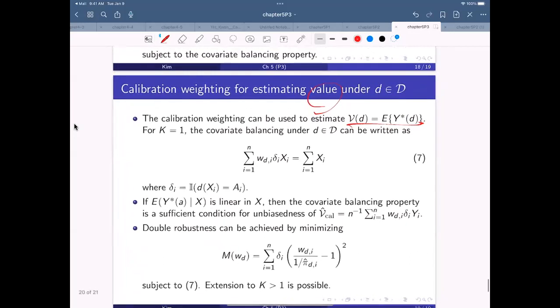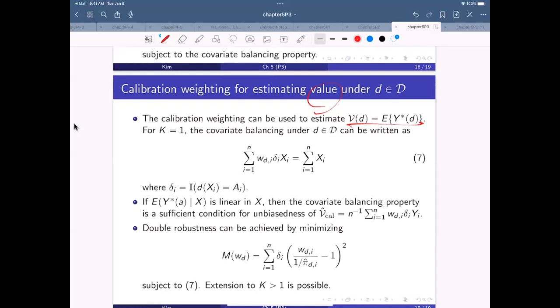Now, here's my idea. This is a missing data indicator. Apply calibration, and it will create an estimate of the value using the observed data. That's it for K equal 1.